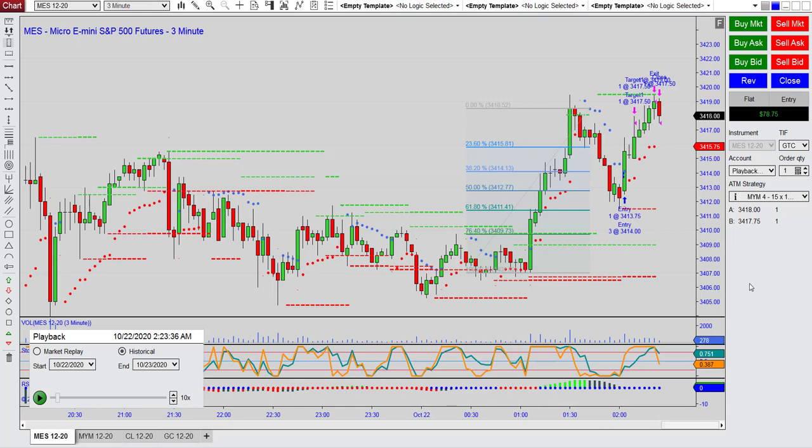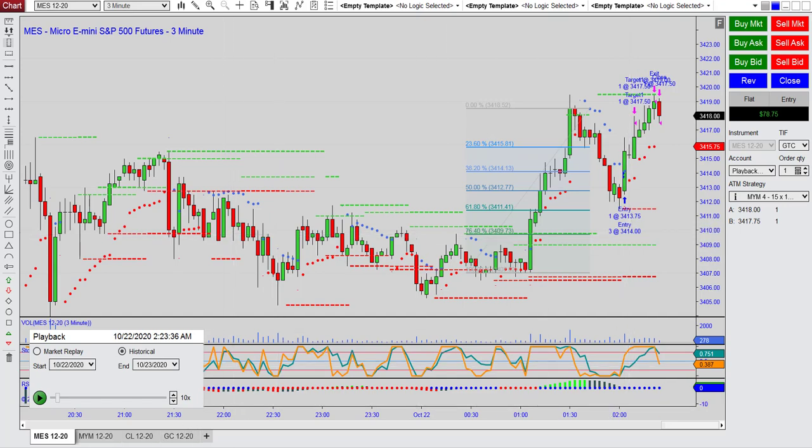Let us do a little bit of a quick review of the simulated trade. Okay, we only used 4 contracts of MES. We were using a 15 by 15 by 30, so we were risking 15 ticks.